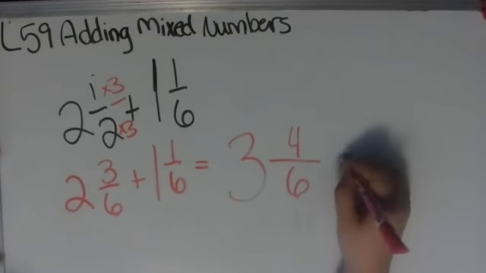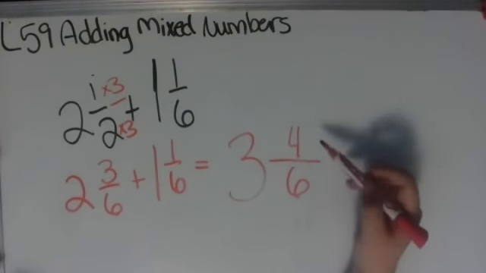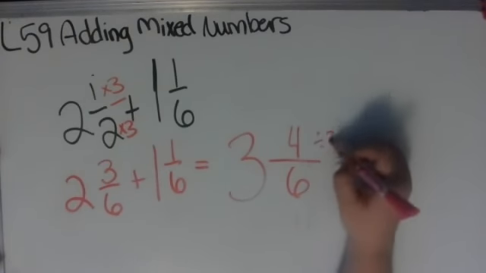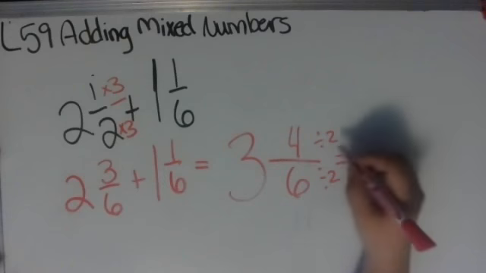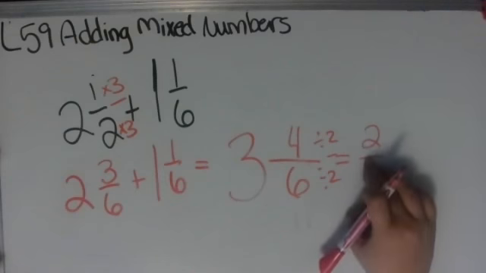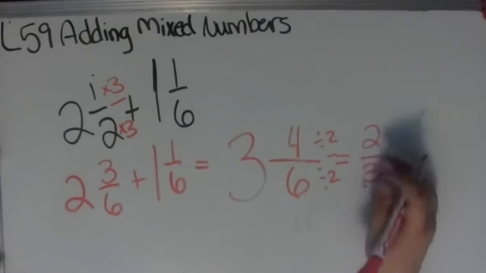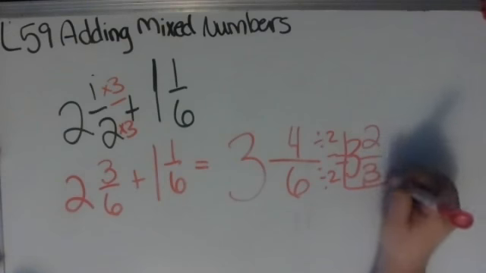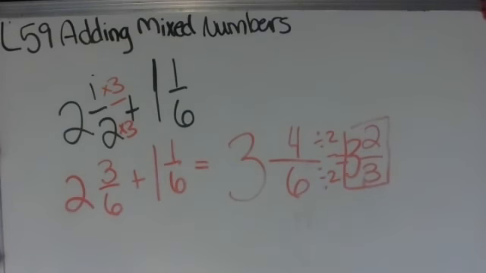It is not lowest terms, so I need to take this and go, okay, if I have 4 and 6, what can divide both of those numbers? 2 can divide both of those numbers, so I'm going to divide both of them by 2. 4 divided by 2 is 2, 6 divided by 2 is 3. And I'll carry over my whole number. I now have 3 and 2/3. That is my lowest term mixed number.